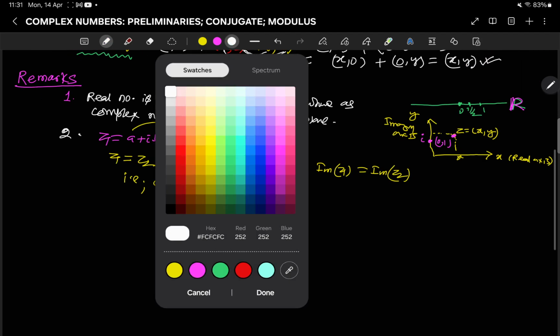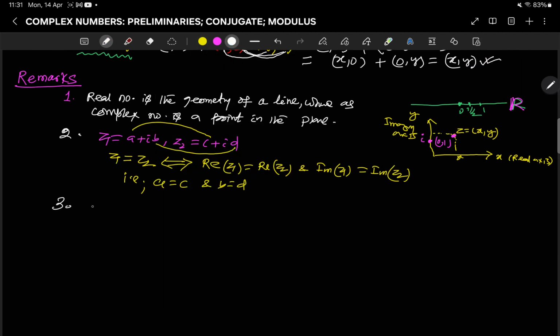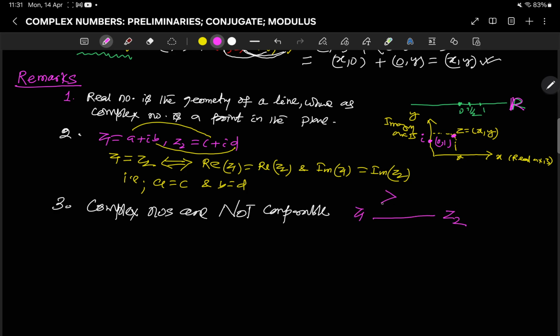So coming to the third property, I can say complex numbers are not comparable, right? If I say z1 and z2, this greater than will not work. This less than will also not work. So if I ask you 2i and 5i, is it greater than, then your answer is no, it is wrong, right?